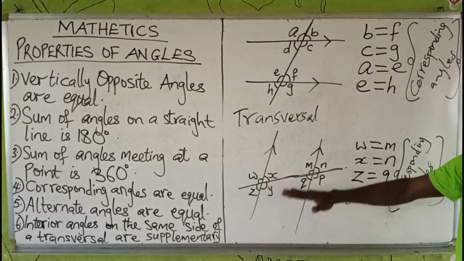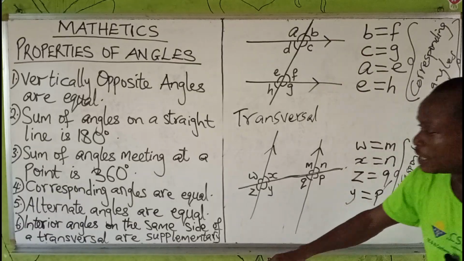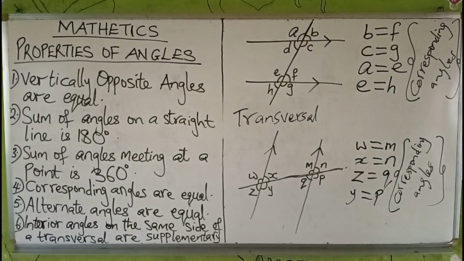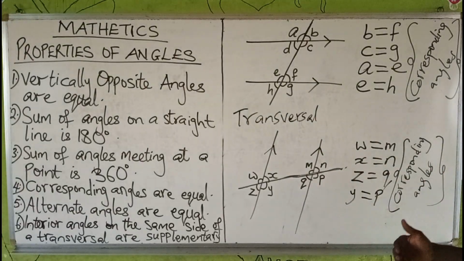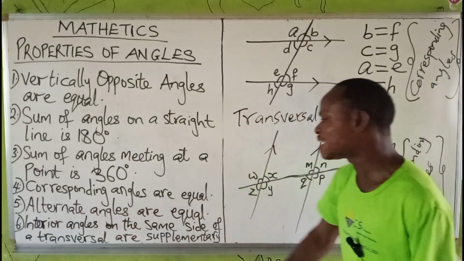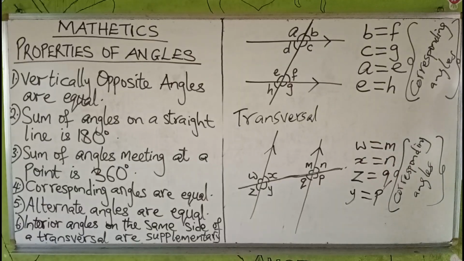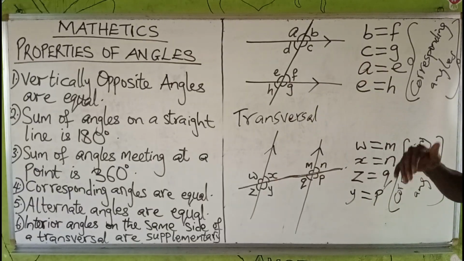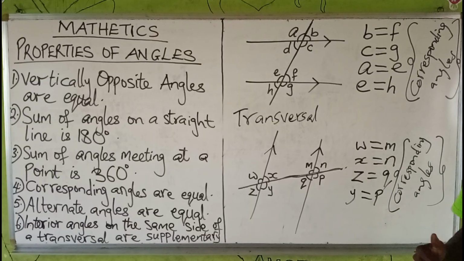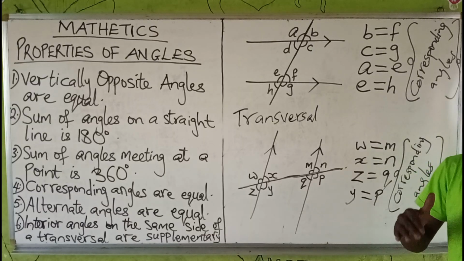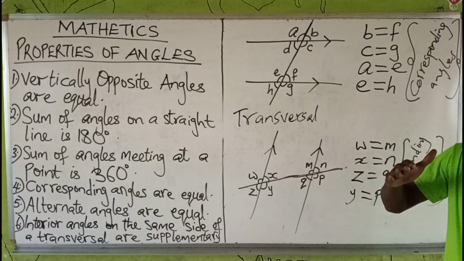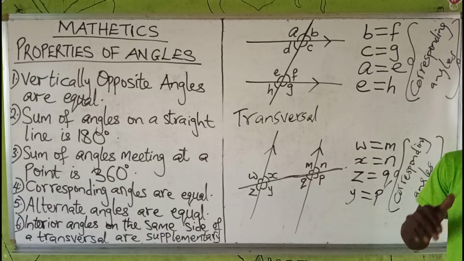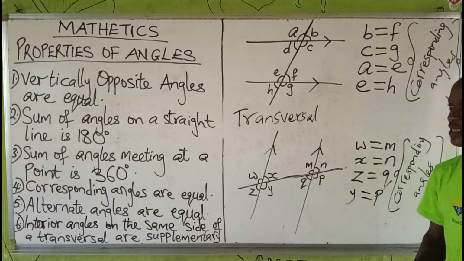I'm going to use these same figures to explain the next theorem, which is theorem number 5, that says alternate angles are equal. Now, two angles are said to be alternate. Number one, for two angles to be alternate, they must both be at the interior side of the parallel lines.